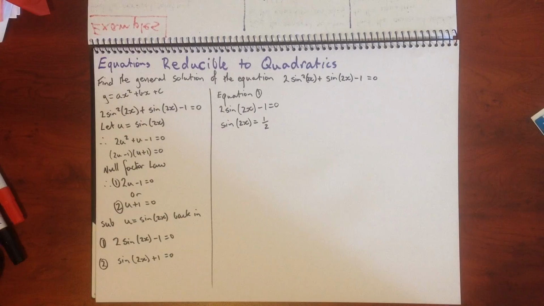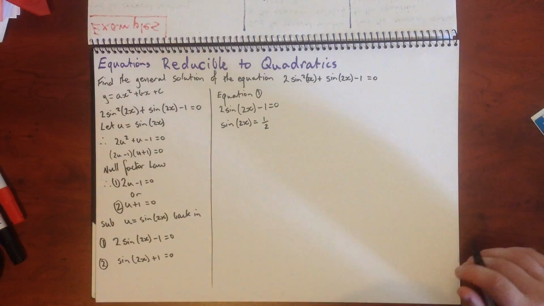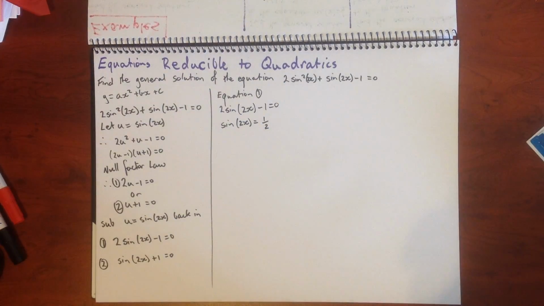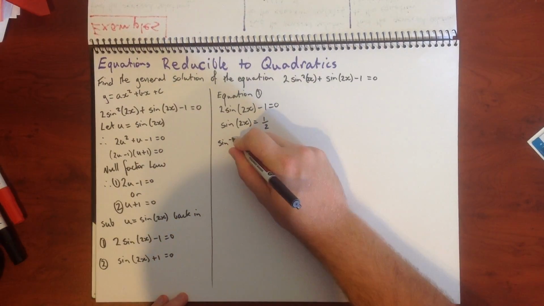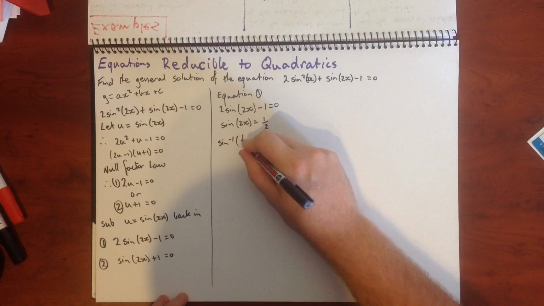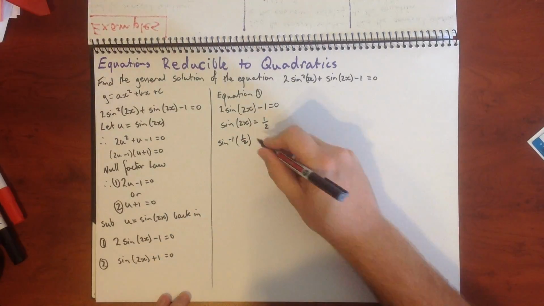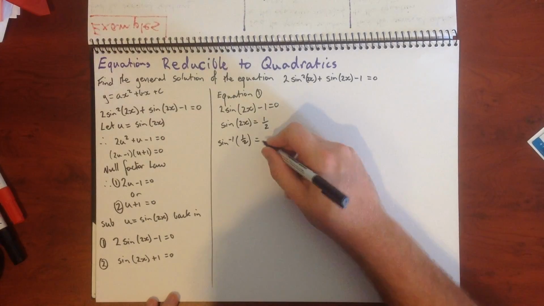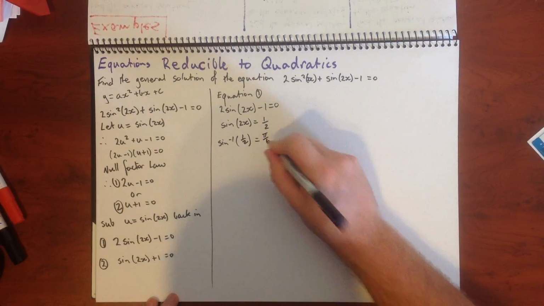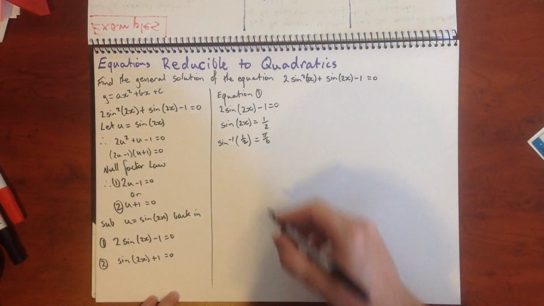So that works out well. So now we can start looking at our 2 different solutions. So we need to go, well, what is the inverse sine of a half? What angles can we use to get a half? And for that it is pi on 6. This is a half. So now we can start setting up our equations.